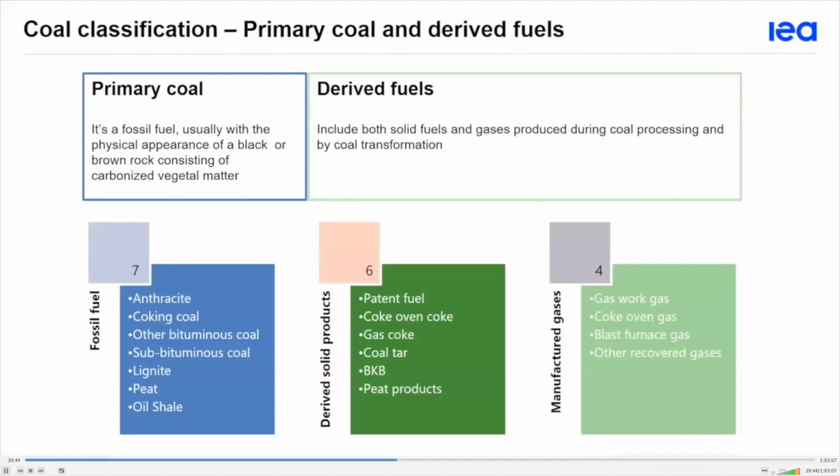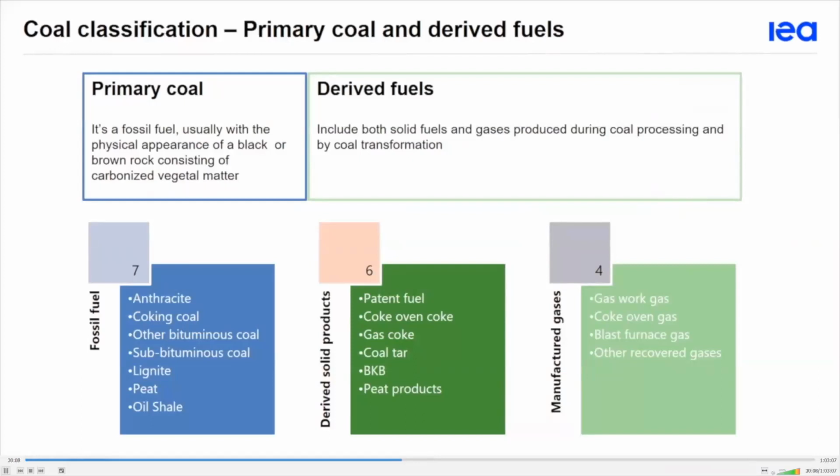So if we check now, those five types of coal that we discussed in the previous slide are what we also call primary coal: a fossil fuel extracted from a mine and made of carbonized vegetal matter in the form of a rock. But it is not the only product that we cover in coal.